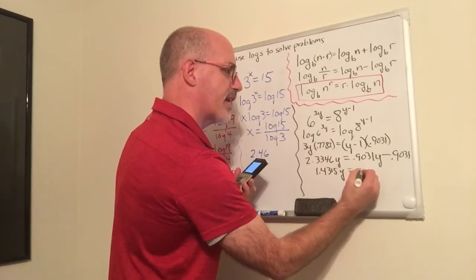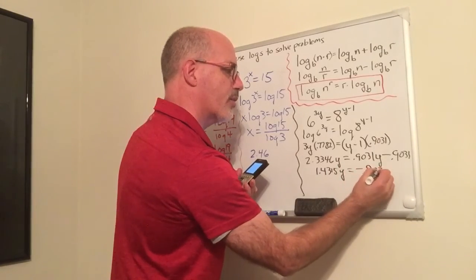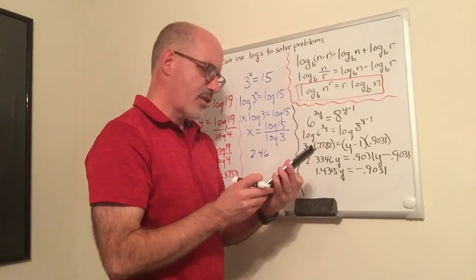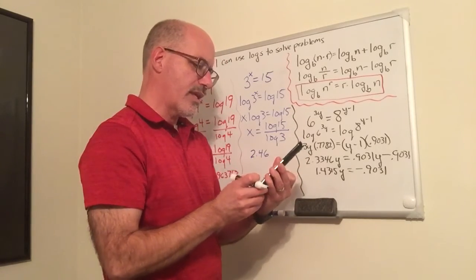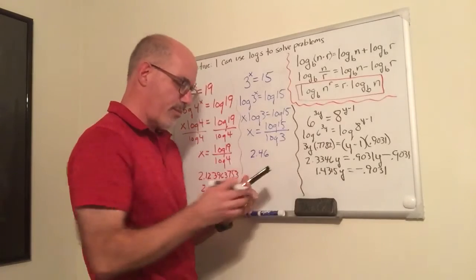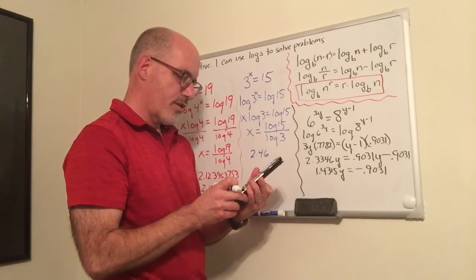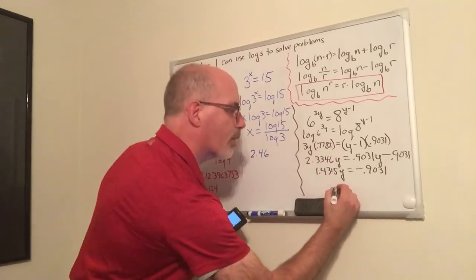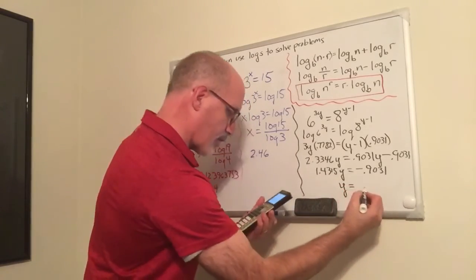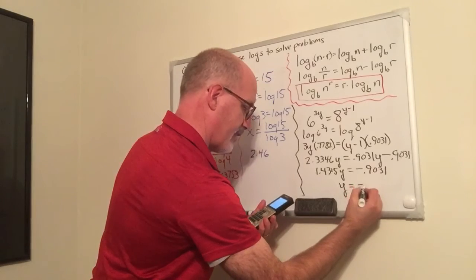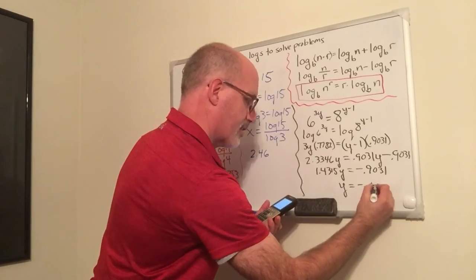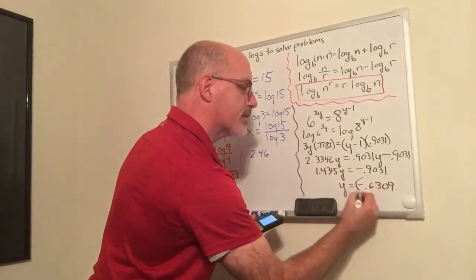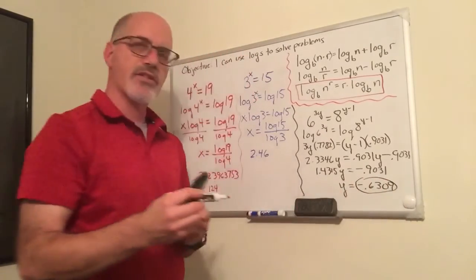On this side I have negative 0.9031, and now I'm going to take that negative 0.9031 and divide it by this 1.4315, and that will get me what y equals. Y equals negative 0.6309, rounded to 4 decimal places. There's my answer for doing that.